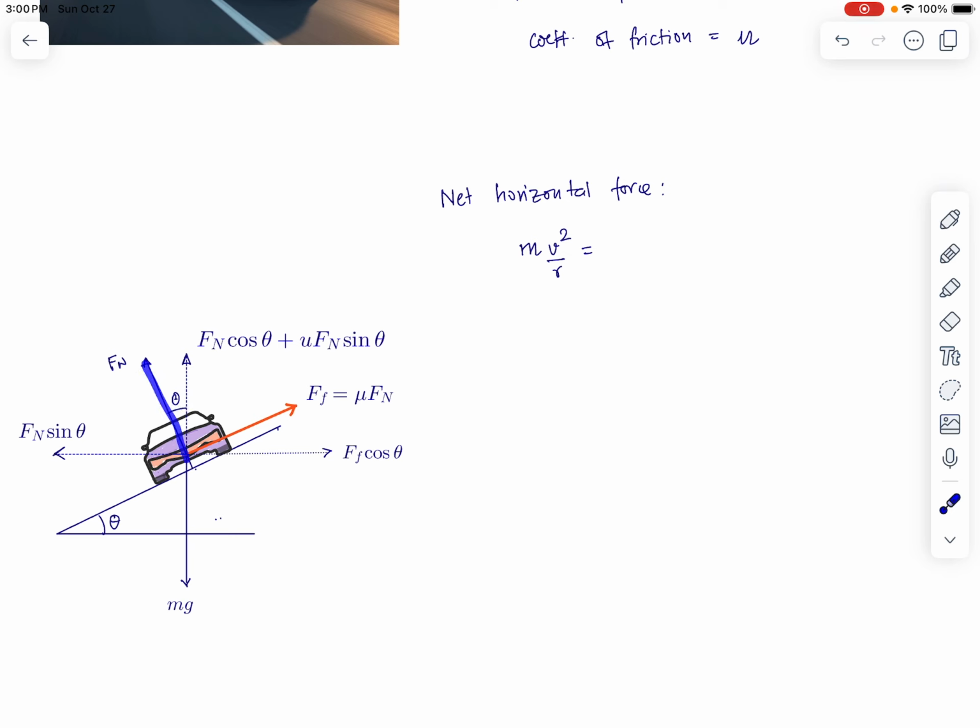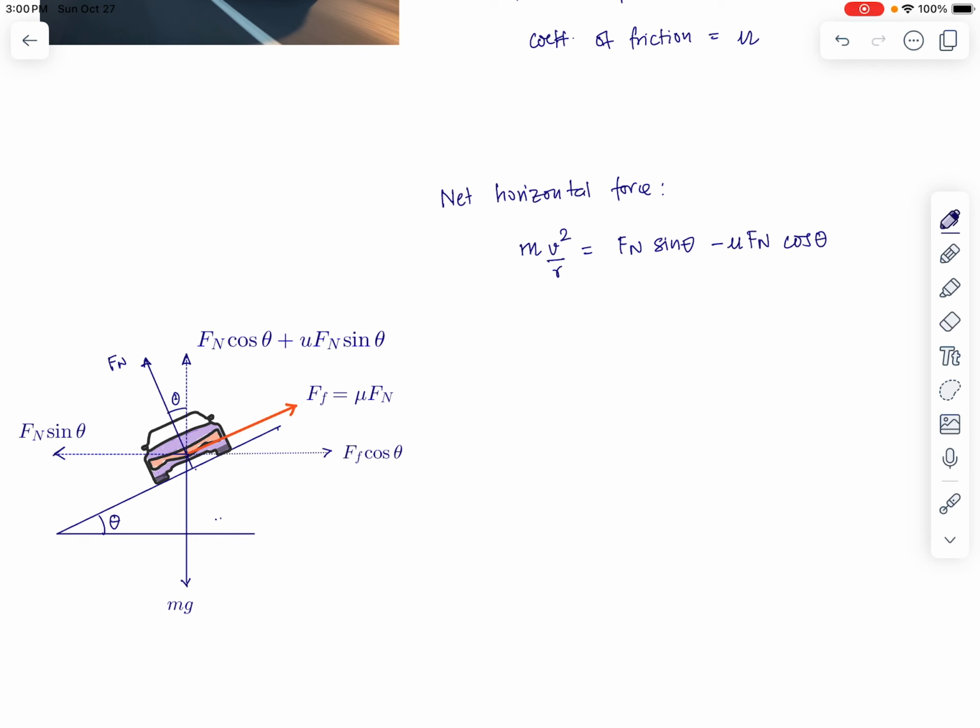The component of Fn in this direction is Fn sine theta, and from that we take away the friction force resolved in the horizontal direction, which is friction force times cosine theta. And friction force essentially equals mu times Fn. So we can write this as minus mu times Fn cosine of theta.